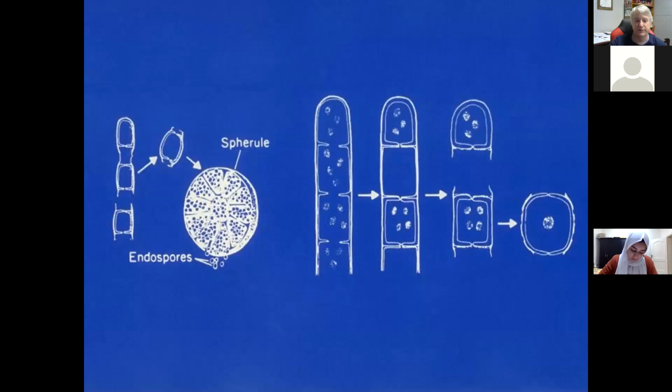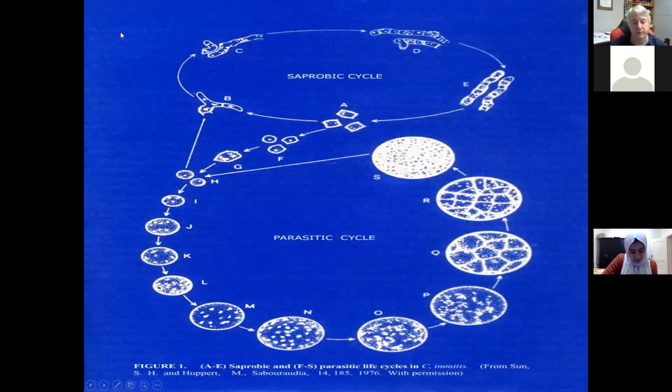So here is the spherule with the endospores inside. This is the breaking off of the spore that is inhaled, and it just has a life cycle that goes on from there. Here is something you'll get familiar with next semester with the life cycles. We call it a saprobic cycle and a parasitic cycle.